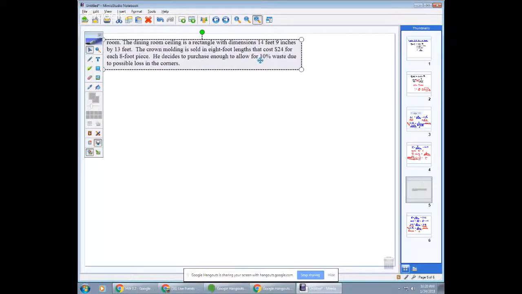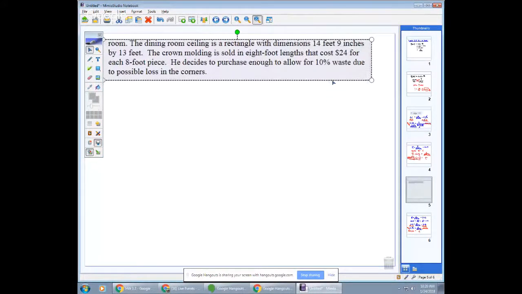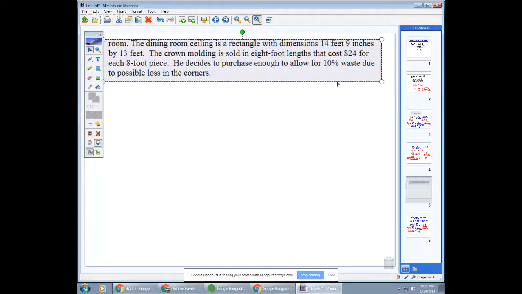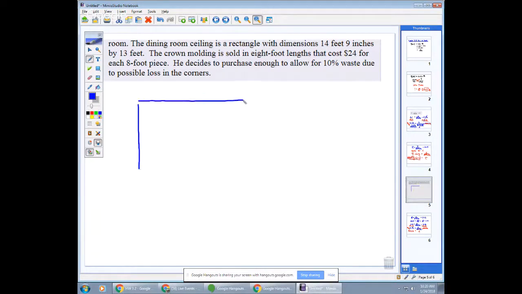Okay, what's a good first step for a problem like this? Draw a picture. Yeah, totally. So that'll help me keep track of things, and it gets that out of my mind so I can think about other stuff. All right, so we have this top-down view of the ceiling, and we've got 14 feet and 9 inches that way, and 13 feet going the other way.